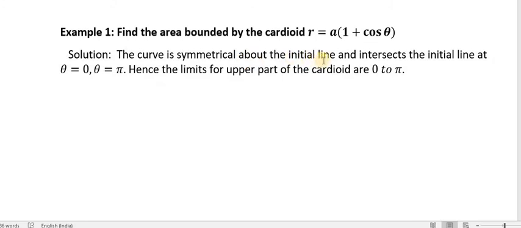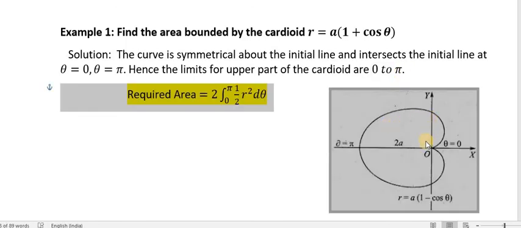Initial line means x-axis, and it intersects the initial line at theta is equal to 0 and theta is equal to pi. Hence, the limits for the upper part of the cardioid are 0 to pi. See, the cardioid is represented in the figure like this.